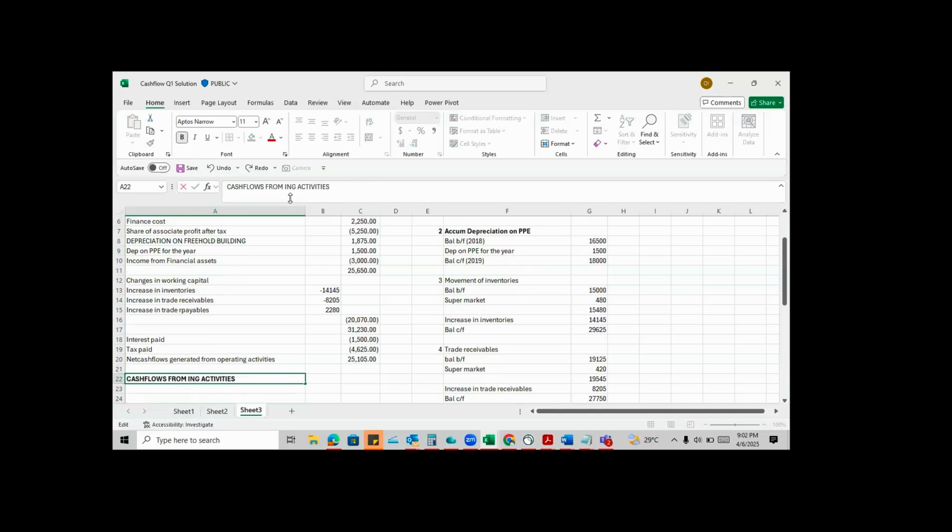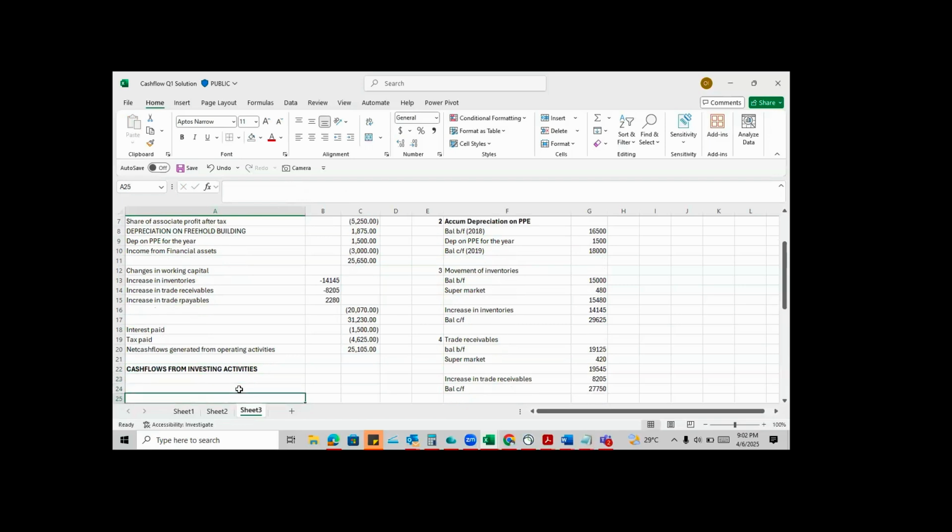Okay, so cash flows from investing activities. All right, excuse me, sir, go ahead. I'm listening to you. Okay, please, this calculation for this operating activities, we are getting a different answer. Because after adding that, under this addition, this 25,650 should be what we got.